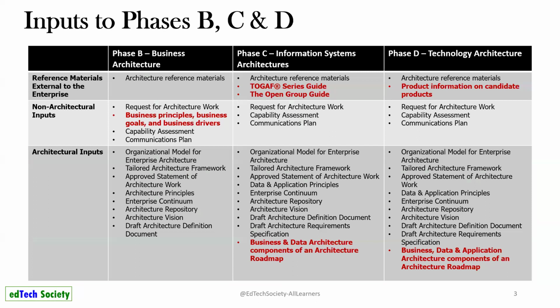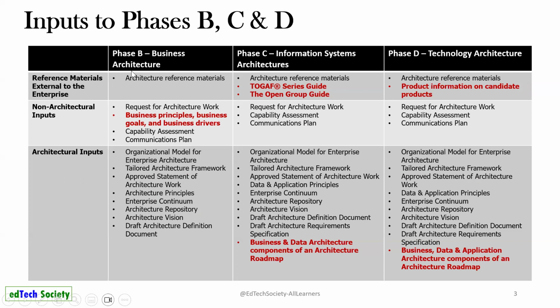Moving on, in the same format, we have captured the different inputs which are used during phase B business architecture, phase C information system and application architecture, and phase D technology architecture. Let me cover phase B first, and then I will highlight the differences for phase C and phase D. The inputs primarily are reference material external to the enterprise, basically the architecture reference material.